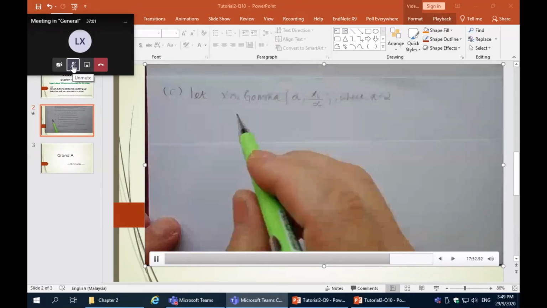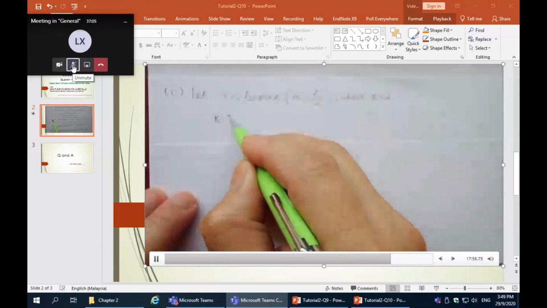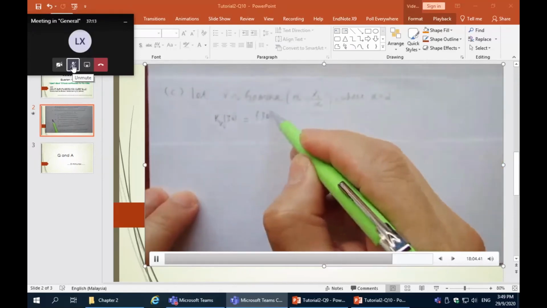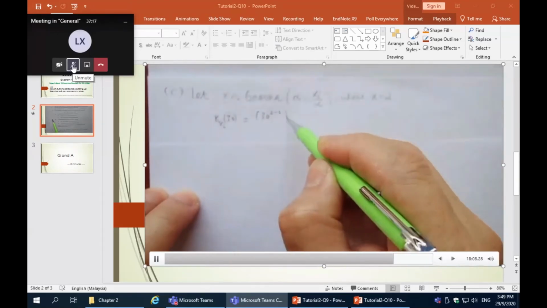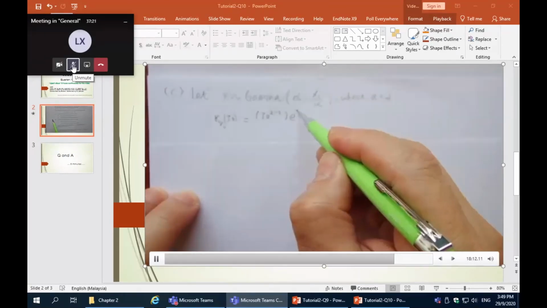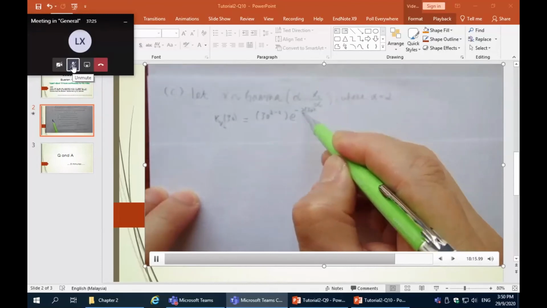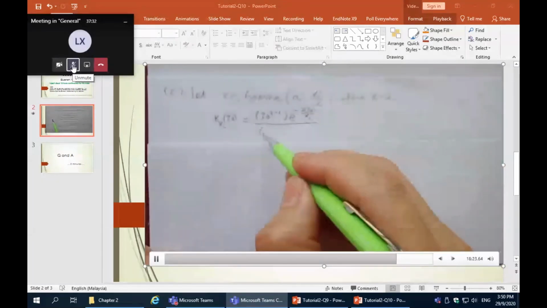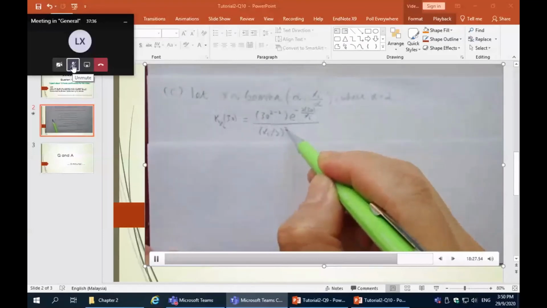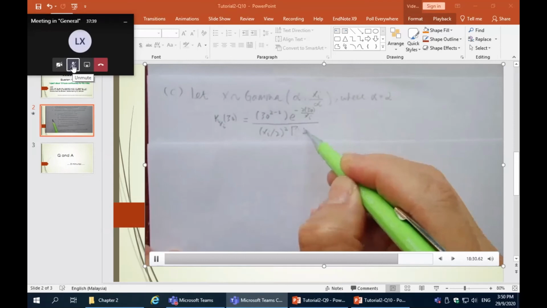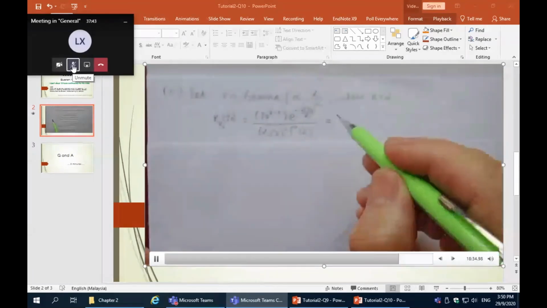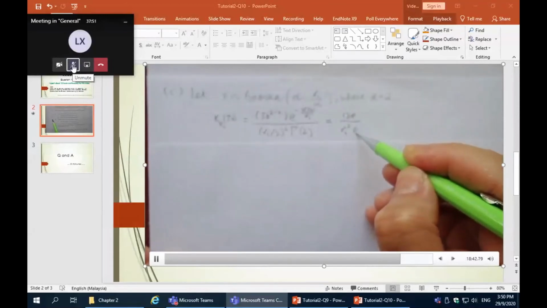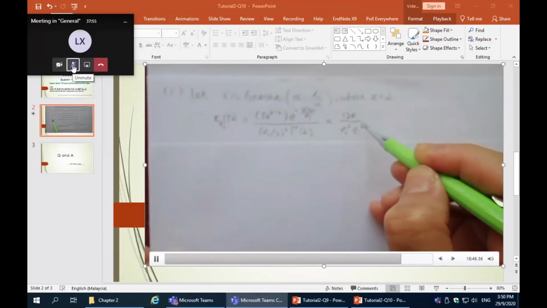So I will have the following: the kernel density at 30 based on this data xi is equal to 30 to the power of 2 minus 1, multiplied by the exponential to the power of negative 2 times 30 divided by xi, and this total divided by xi divided by 2 square, multiplied by the gamma of 2, which equals 120 divided by xi square, multiplied by the exponential to the power of 60 divided by xi.